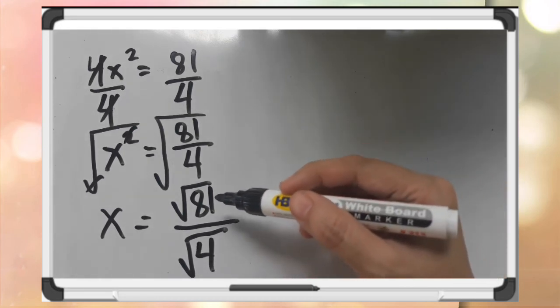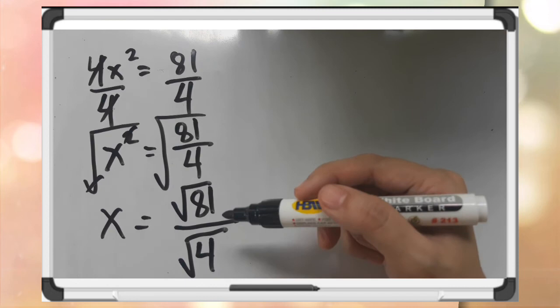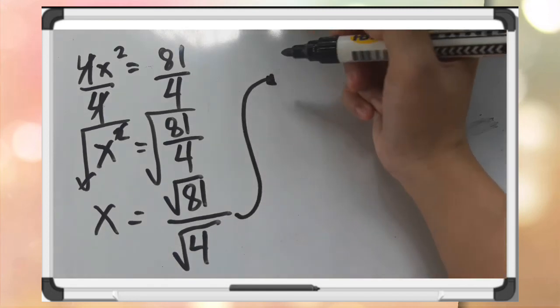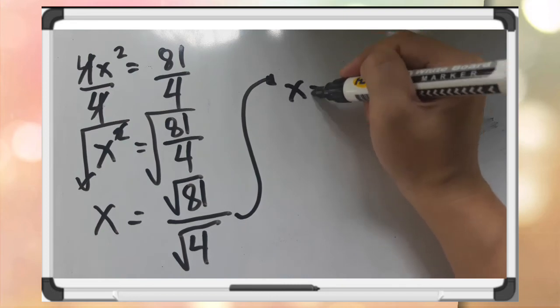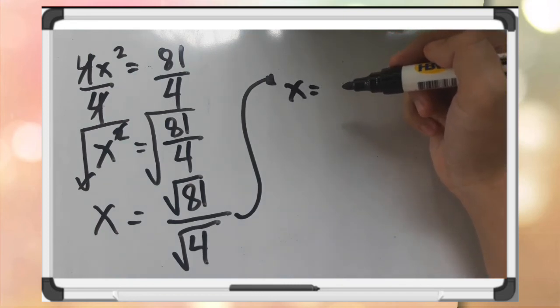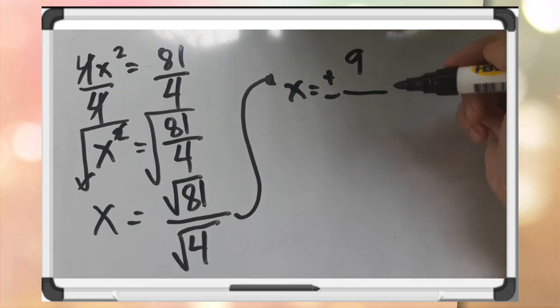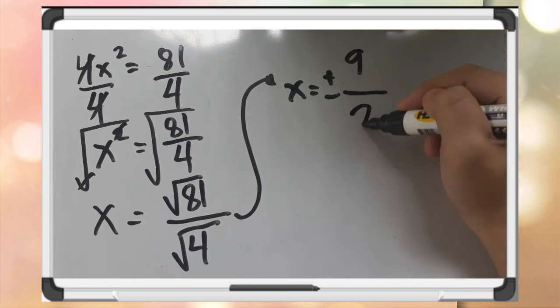So since 81 is a perfect square and 4 is also a perfect square, x now is equal to the square root of 81, which is positive negative 9 over the square root of 4, which is 2.